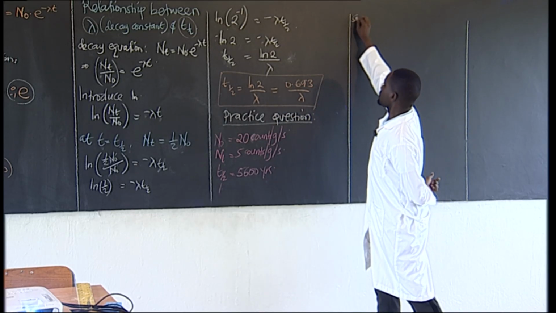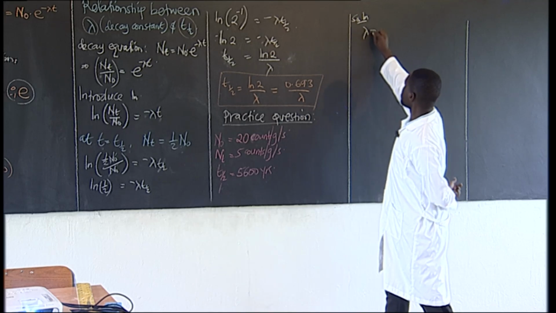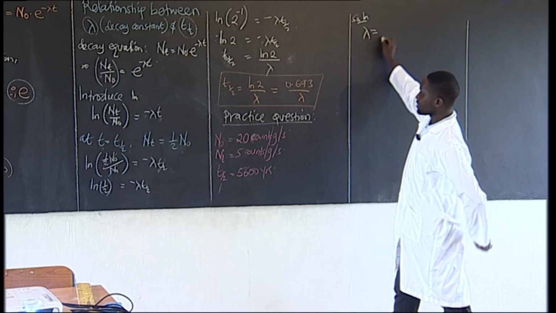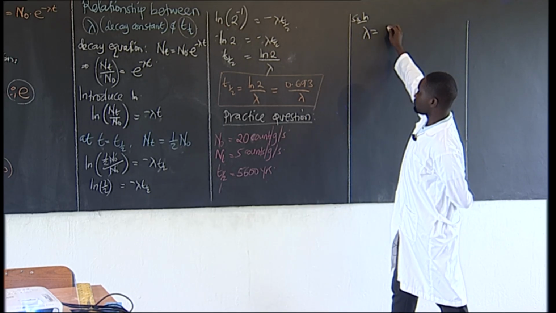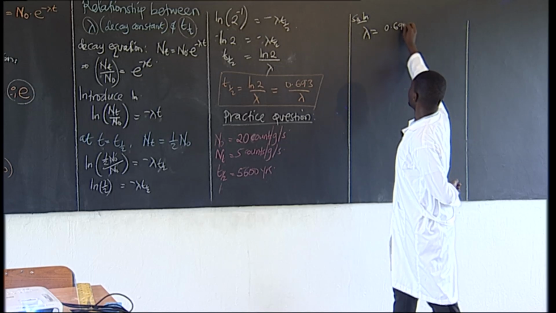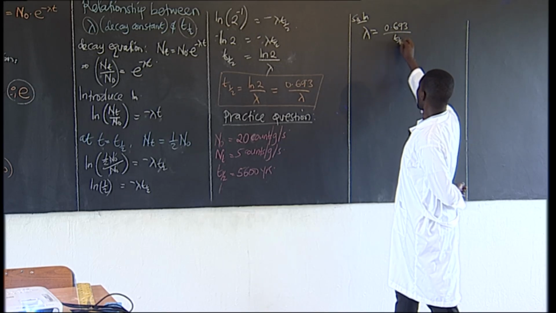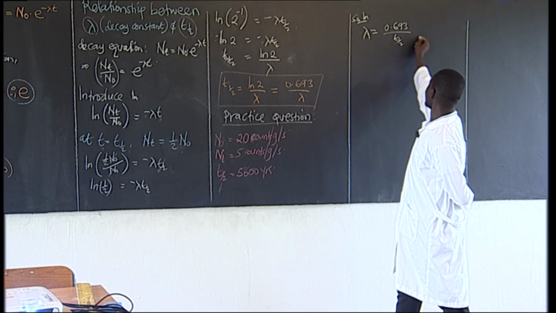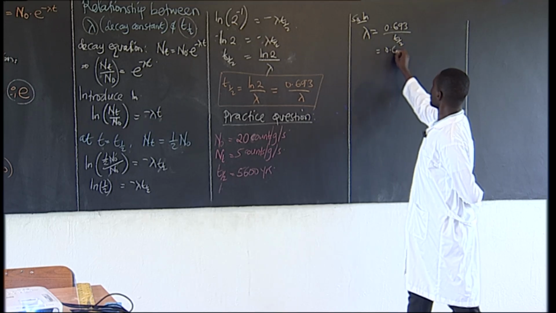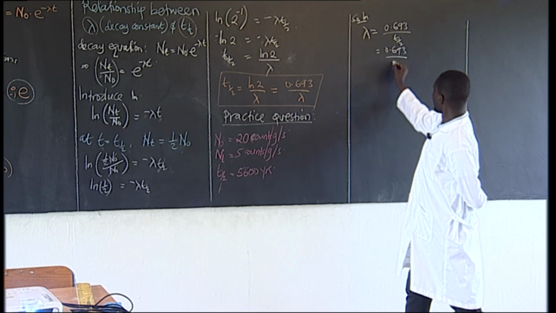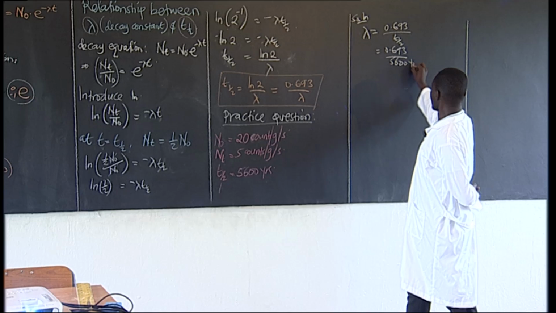So in this case, the decay constant will be, quickly substituting, 0.693 over the half-life, which is directly over 5600 years.